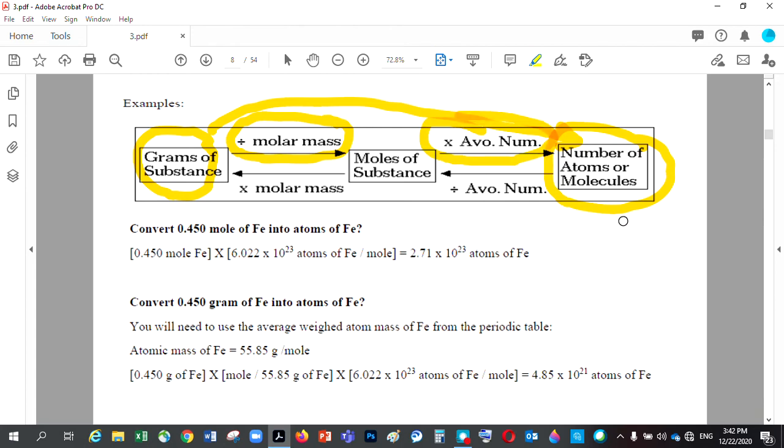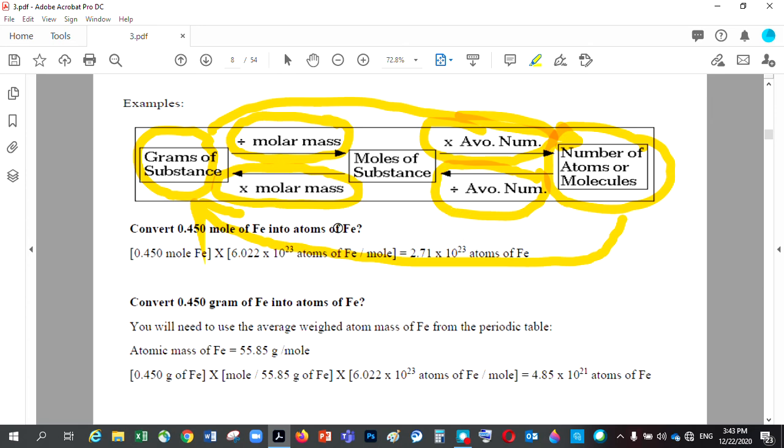If I have to go from the number of molecules, atoms, ions, or formula units to number of grams, I first divide by Avogadro's number. Second, I have to multiply by the molar mass for a molecular compound, or by atomic mass if I consider an element.